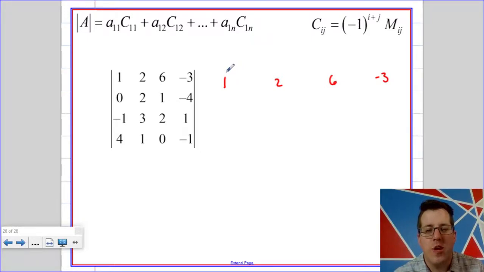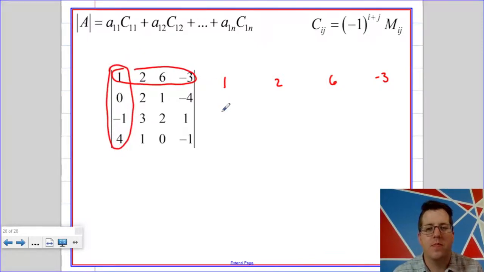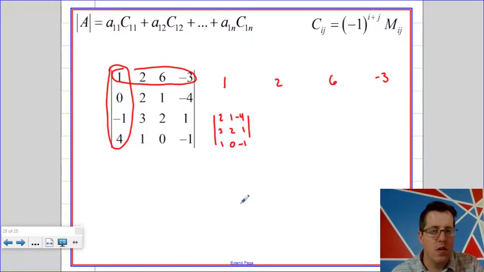Okay, so the cofactor is found by taking the matrix that excludes that row and the column of that element. So in the case of 1, that would be this little guy here, 2, 1, -4, 3, 2, 1, 1, 0, -1.